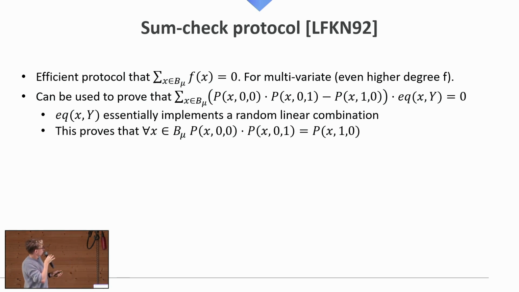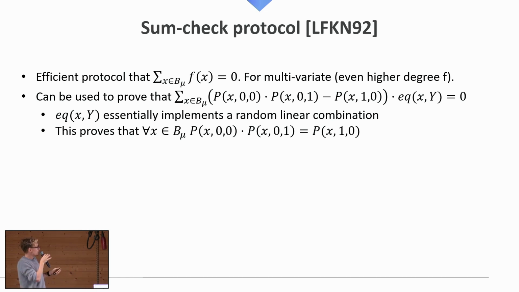So how do I use this to prove the circuit formula? Well, really, I want to prove this gate formula, but I want to prove it at every single point in the space. So I'm multiplying this by this EQ thing. And the easiest way to think about this EQ thing is that it's a random linear combination of all of my gates.